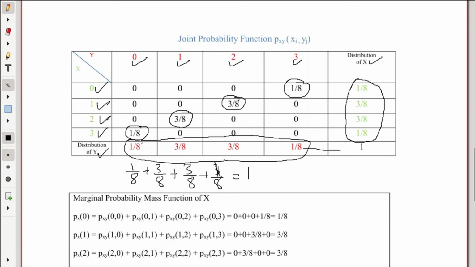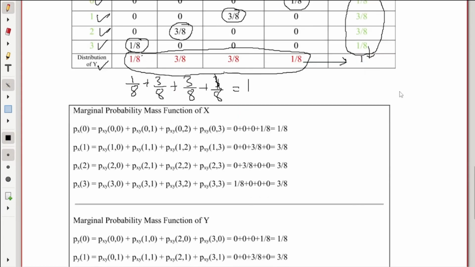So this summation is also 1, and this one is also equal to 1. These are on the margins, the border of the table. That's why the name is marginal probabilities, and they can be derived from a joint probability table.